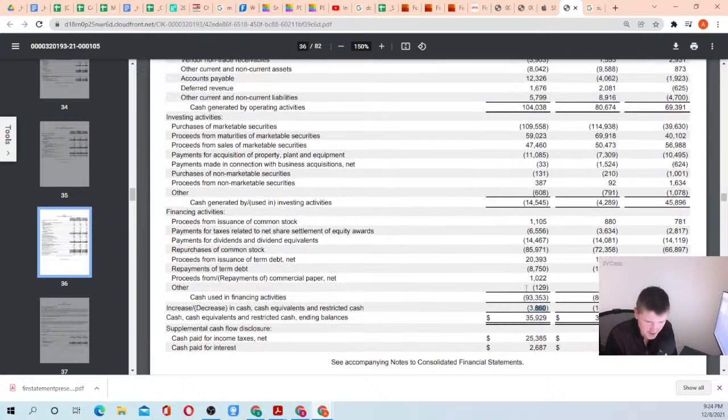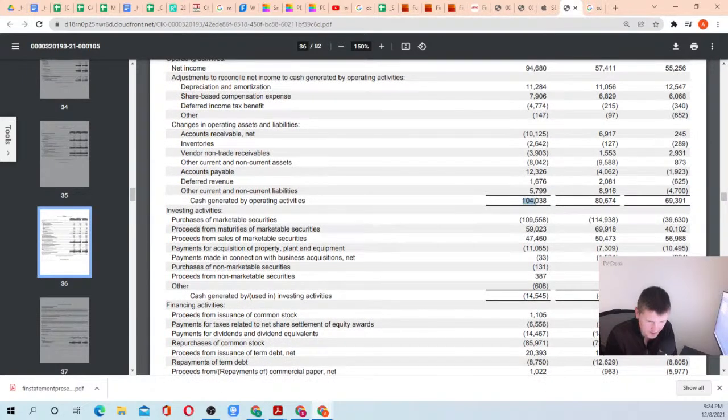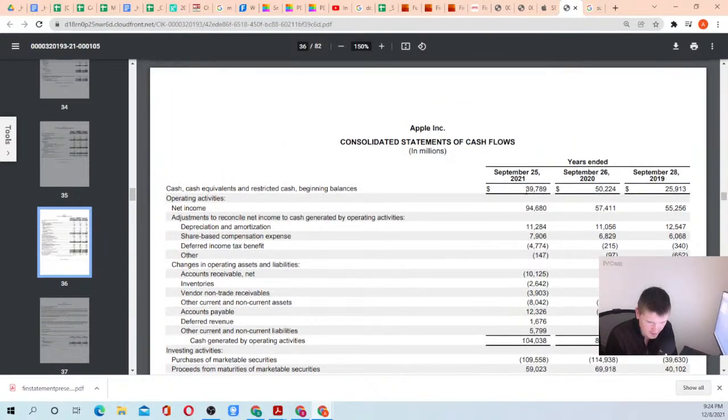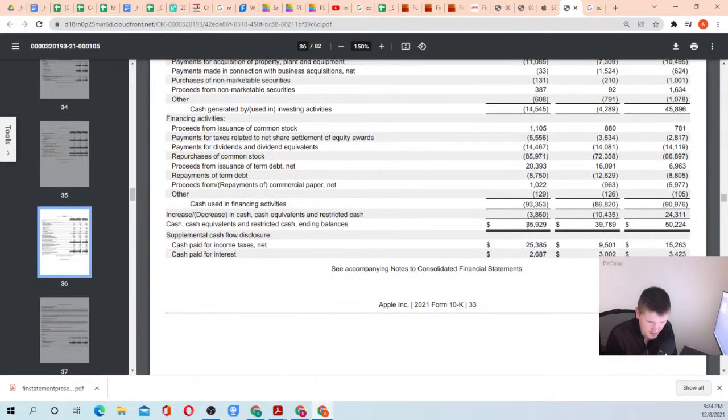That decrease is just a total of 93 billion outflow, 14 billion outflow, and 104 billion outflow. So that is just a sum of three types of cash flows. And we have $35 billion at the end as a result, a move from 39 less 4 equals 35.